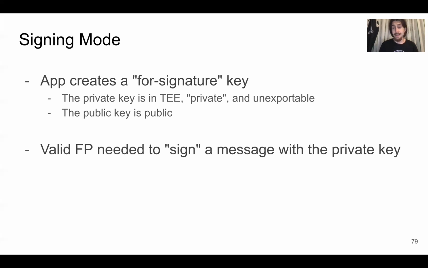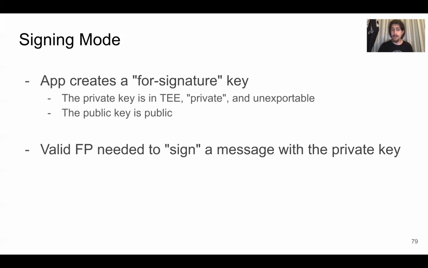And the idea is that a valid fingerprint now would need to be used to sign a message with the private key. So when you are in this signature mode, the API that is available with the fingerprint is, I would like to sign this message with the private key that we created before. Could you please do this? At this point, the user sees a pop-up, and the user can put the fingerprint.